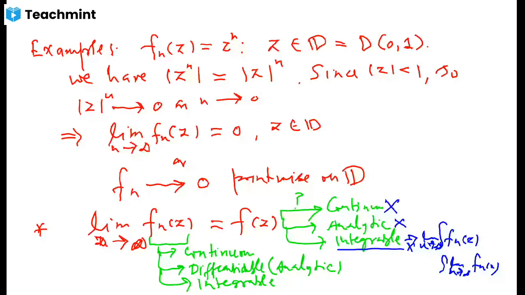So we now need a stronger concept than pointwise convergence, and the stronger concept is uniform convergence.